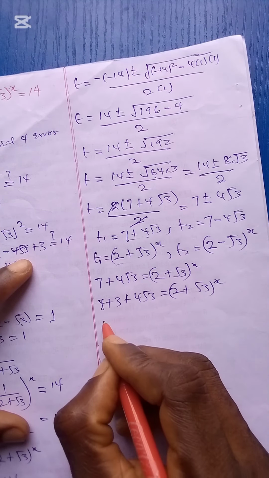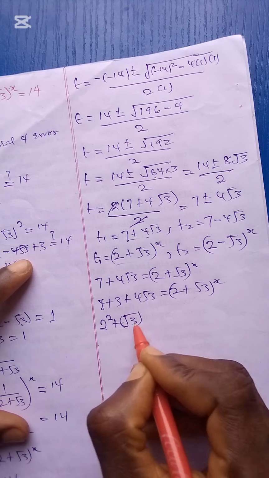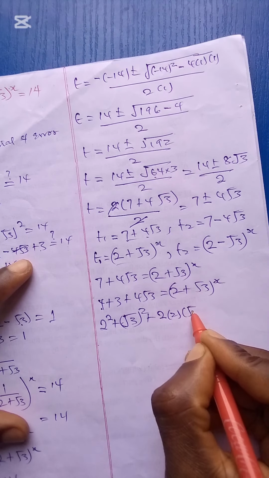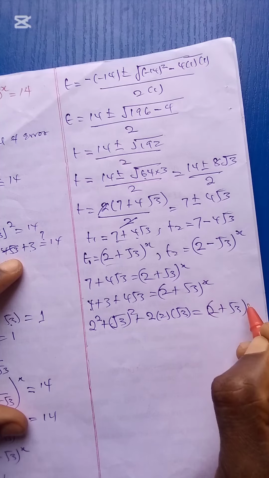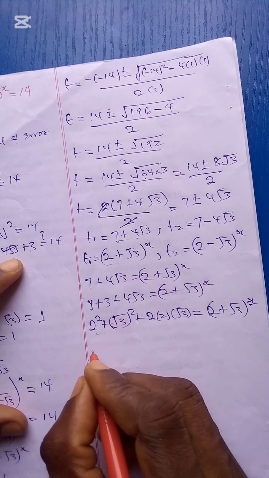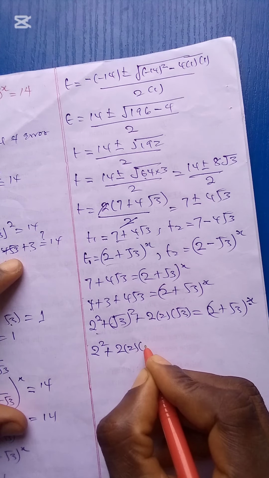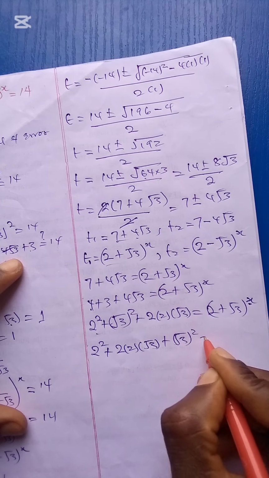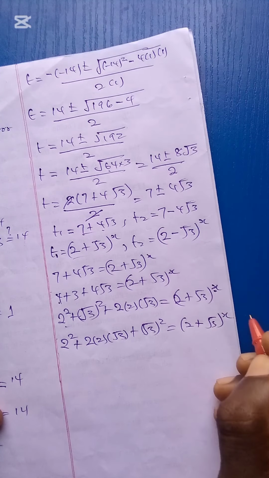Now, 4 can be written as 2 squared, then 3 can be written as (√3) squared, then plus 2 times 2 times √3 is equal to this, that is (2 + √3) squared, all raised to power x rather. Writing this part, I have 2^2 plus 2 times 2 times √3, then plus (√3)^2 is equal to (2 + √3)^x.